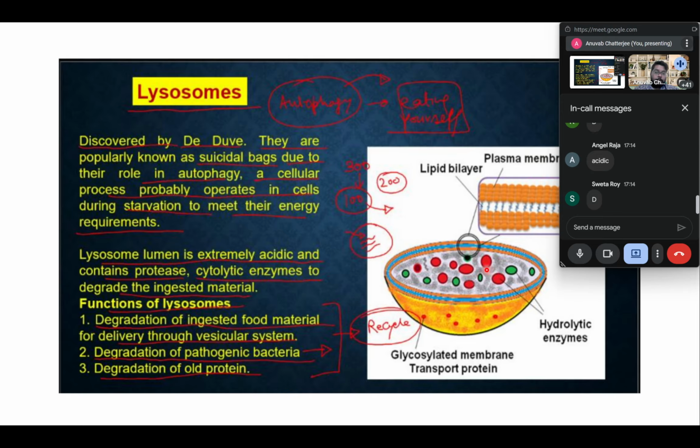So these are essentially spherical structures with hydrolytic enzymes and a very acidic environment which denatures protein and then chops them up, and it is used for degradation of ingested food material, for delivery to the vesicular system, degradation of pathogenic bacteria, and degradation of old proteins which are not working well.